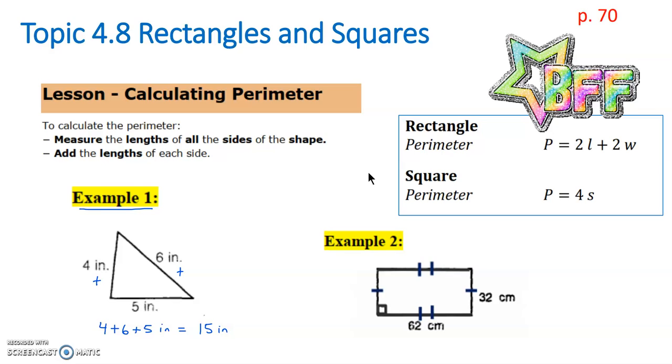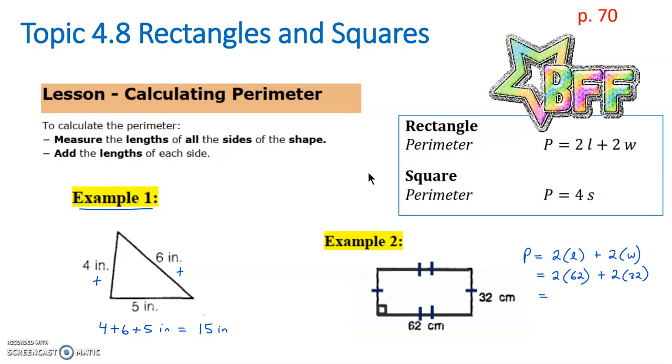But for example 2, we have a rectangle, so what we can do is use a formula. We can say that the perimeter is 2 times the length plus 2 times the width. So we can say that the length is 62, so I'm going to multiply that by 2. And the width is 32, so I'm going to multiply that by 2.